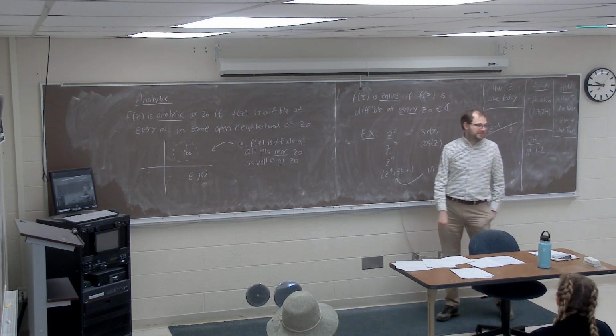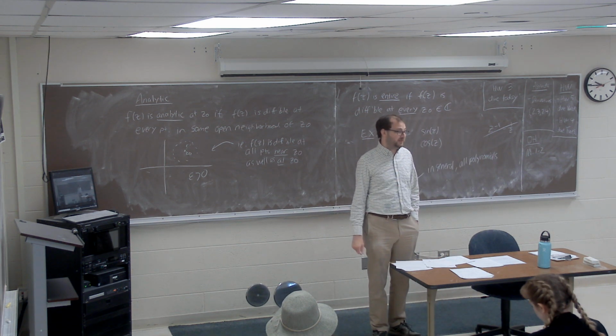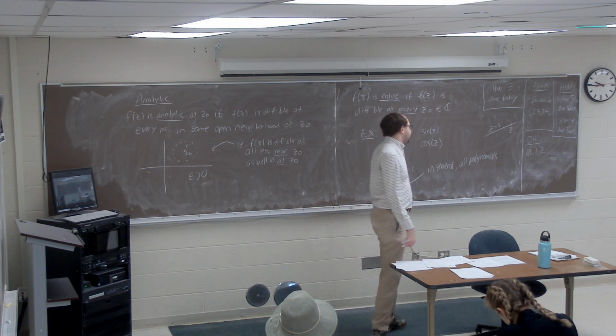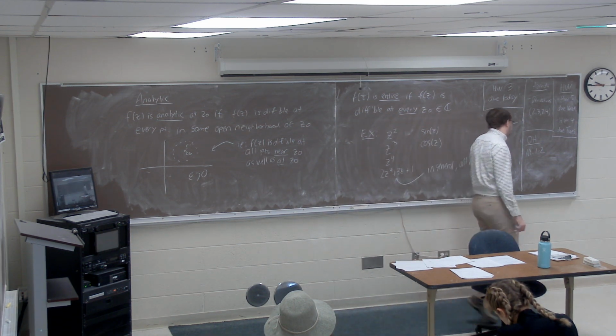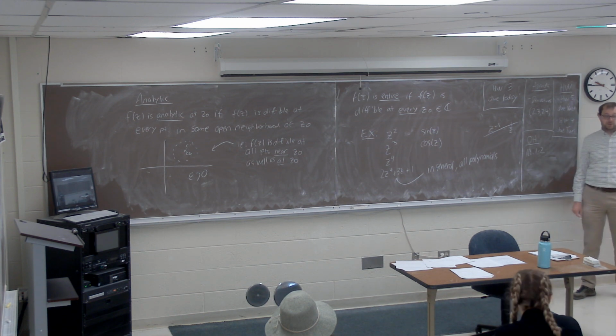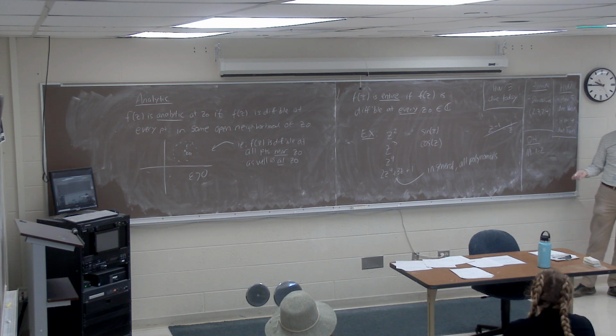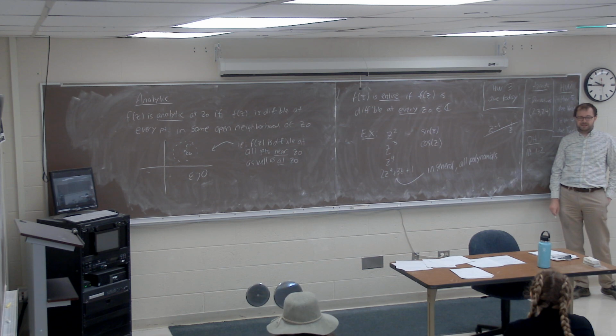So negative powers of z are out, because they're never going to be defined at 0, thus they're not differentiable at 0, thus they can't possibly be entire. Although it turns out this is going to be differentiable everywhere in the complex plane except at the origin, z equals 0. And it'll have a derivative of negative 1 over z squared.